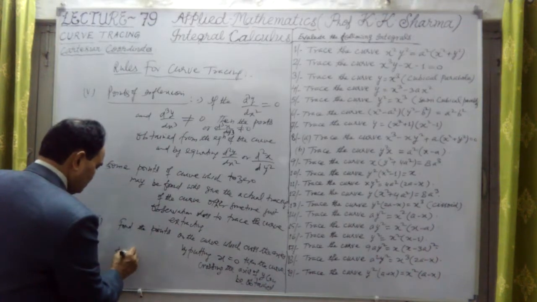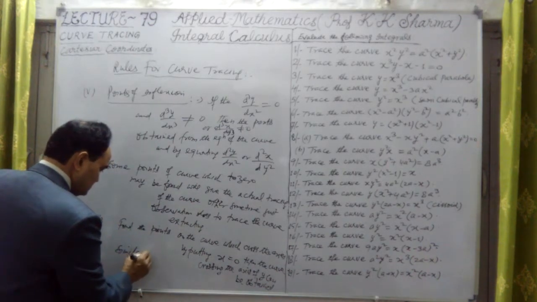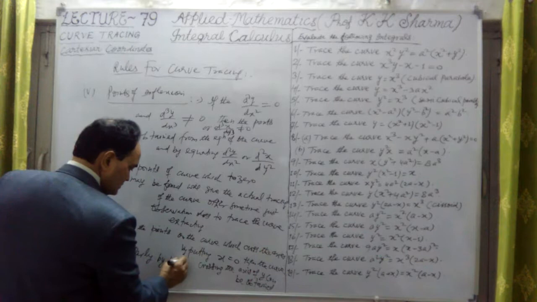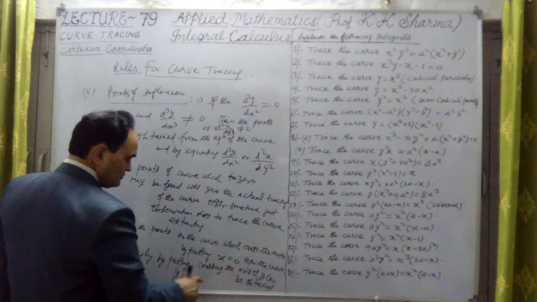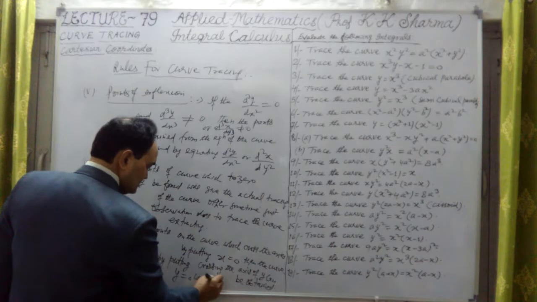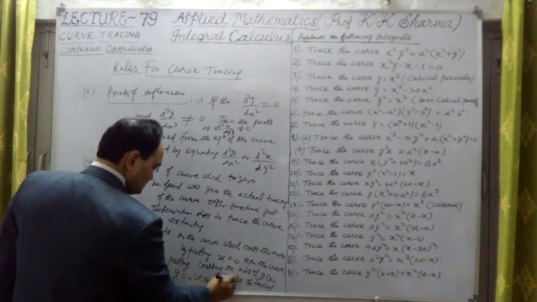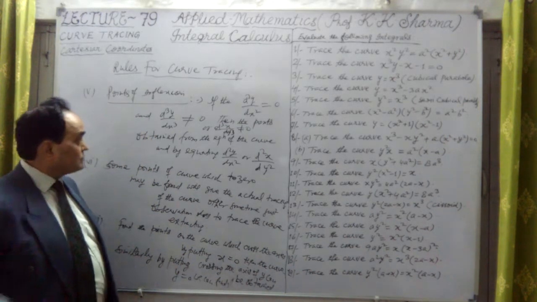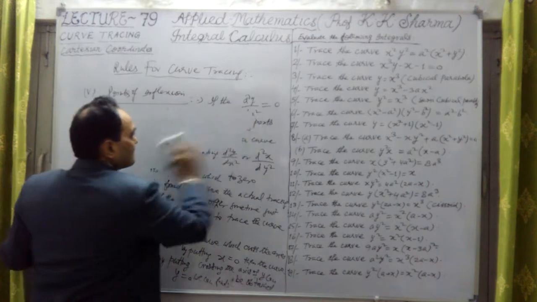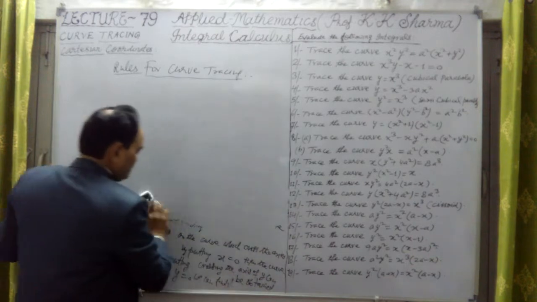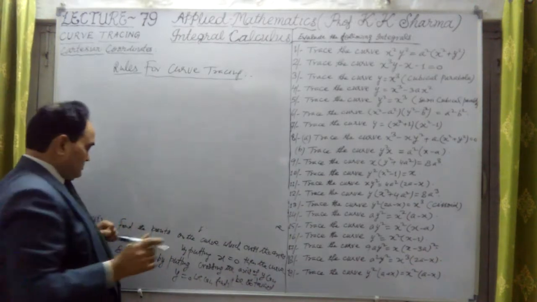Similarly, by putting y equal to 0, we can find the values of x. Let me write here. Then asymptotes is also left over. What are the asymptotes I'll talk about, and asymptotes are also required sometimes.